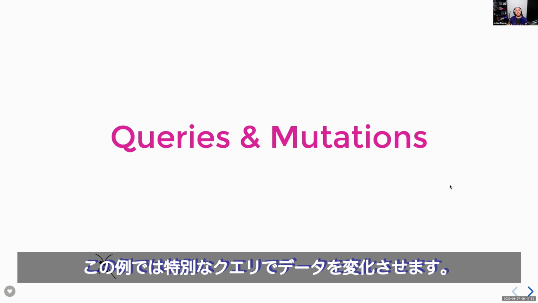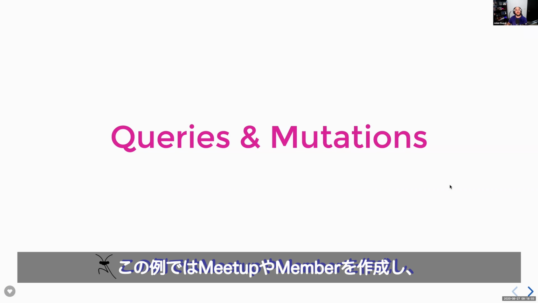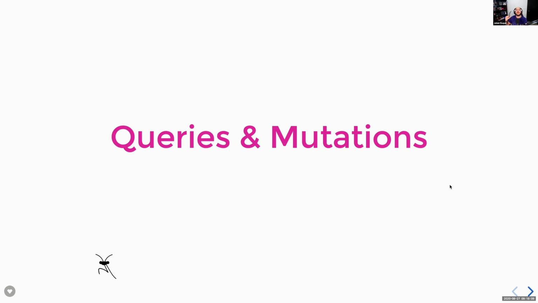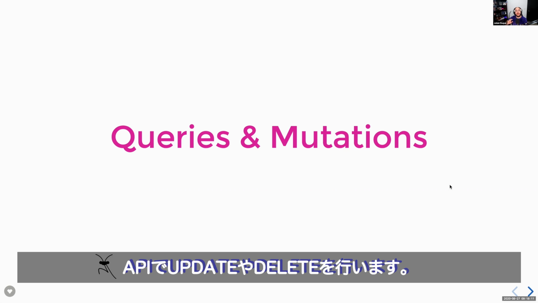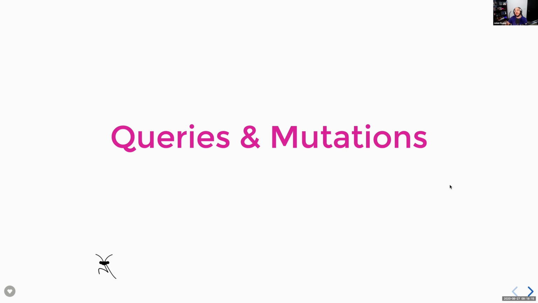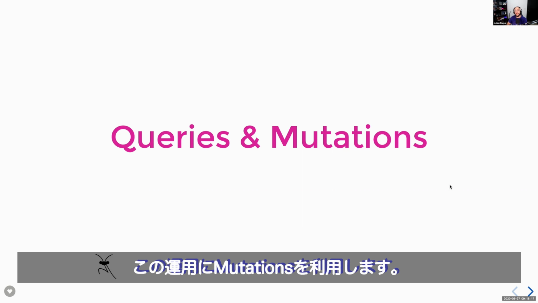Mutations in this case are going to be special queries used to mutate data, to change data in our implementation. In this case, for example, to create a meetup or to create a member, or to do an update or delete operation to the API. For that, we are going to be using mutations.